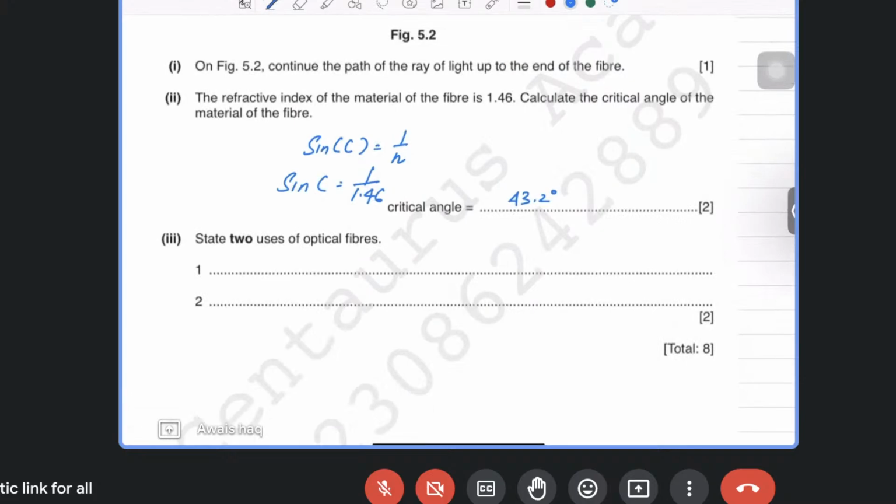So usually optical fibers are used in communication. Communication is the fast internet, right? And it is also used in medical use, like endoscopy.